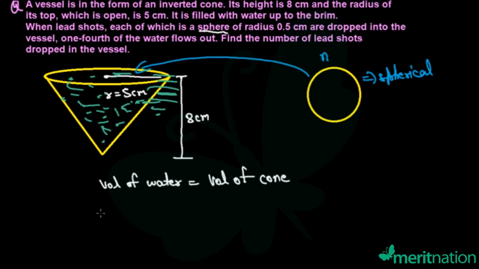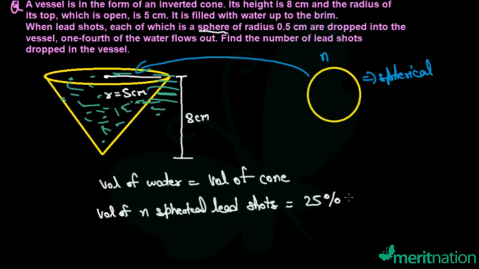So we can write the volume of these n spherical lead shots would be equal to 25% of the volume of water, since 1/4 of the volume of water flows out. And the volume of water was nothing but equal to the volume of cone.